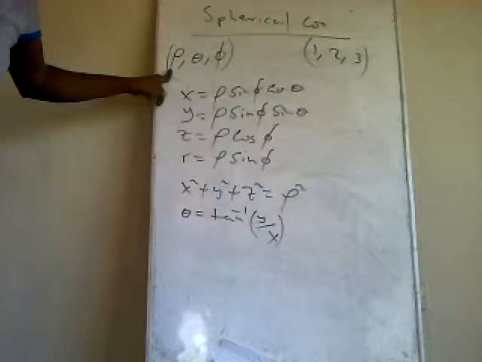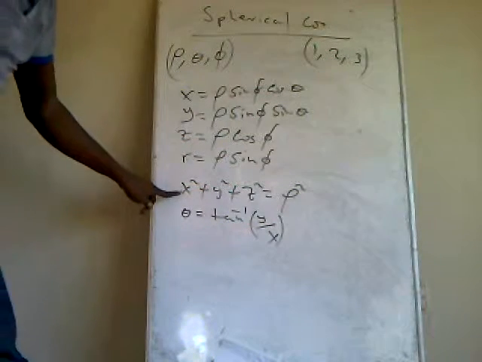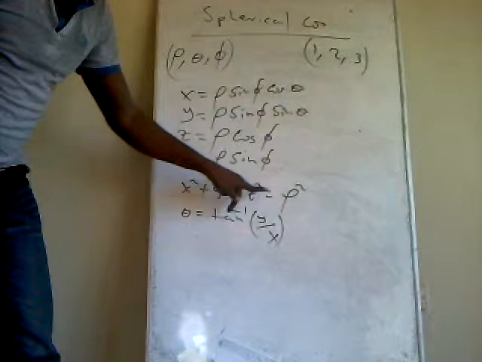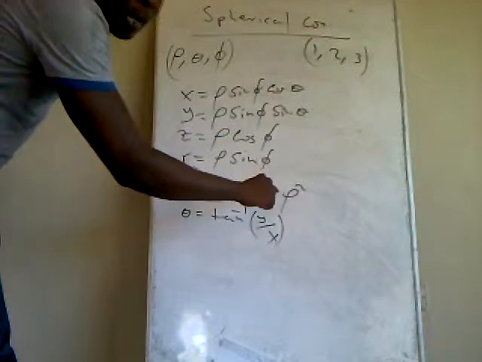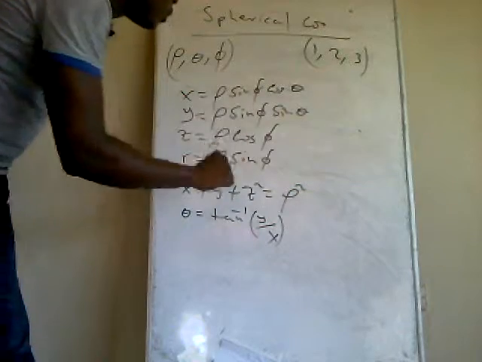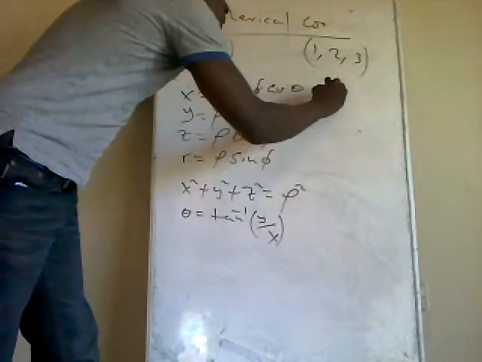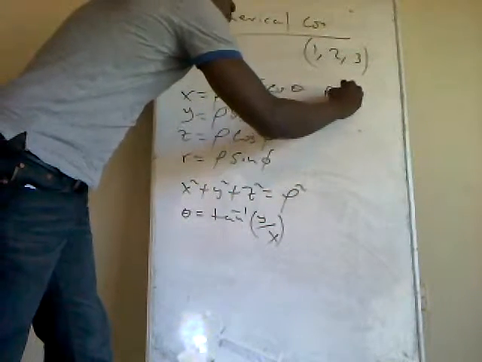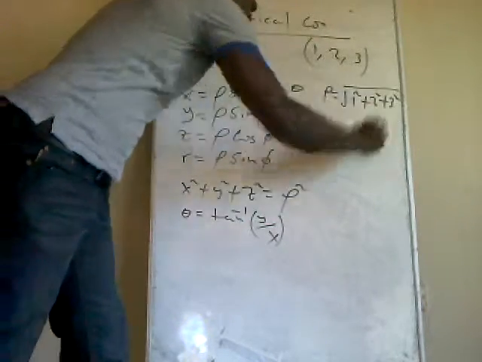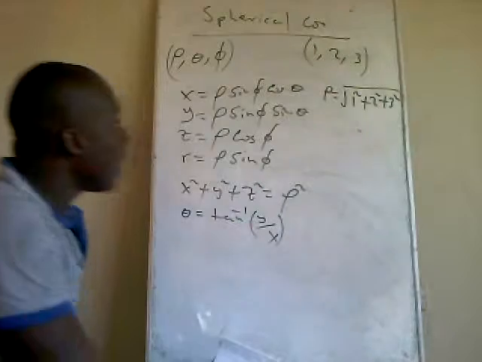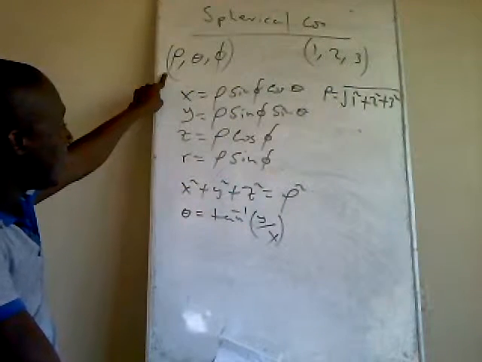I can get my rho straight from here. x squared plus y squared plus z squared is equal to rho squared. So the square root of x squared plus y squared plus z squared will give me rho. So my rho will be just the square root of 1 squared plus 2 squared plus 3 squared.